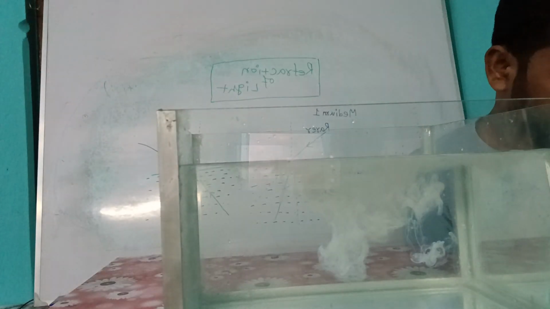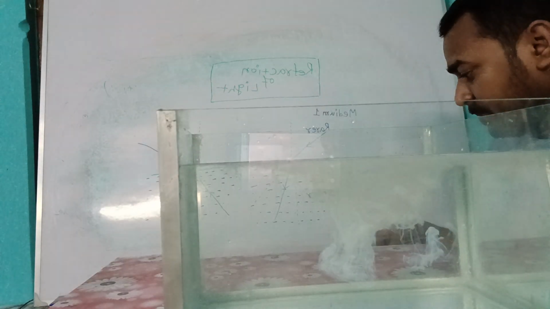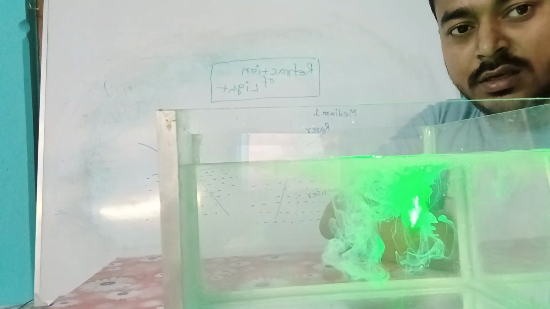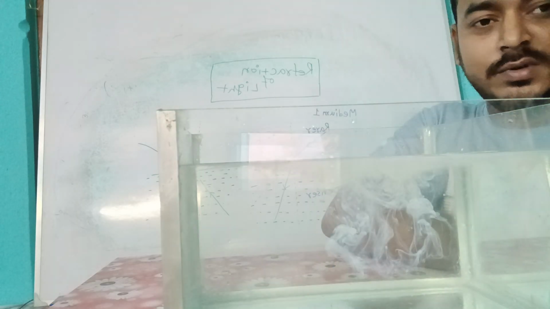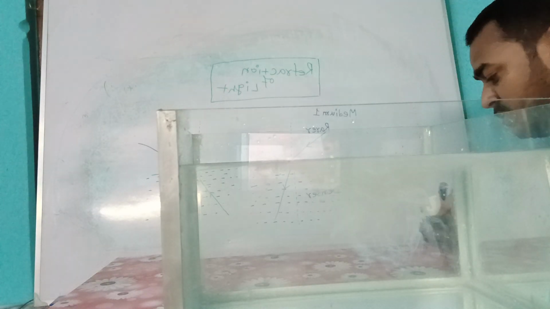Now let us see this again, the source of light, and now we can see. Wait. I'll add more Dettol. Let me turn off the light at first.